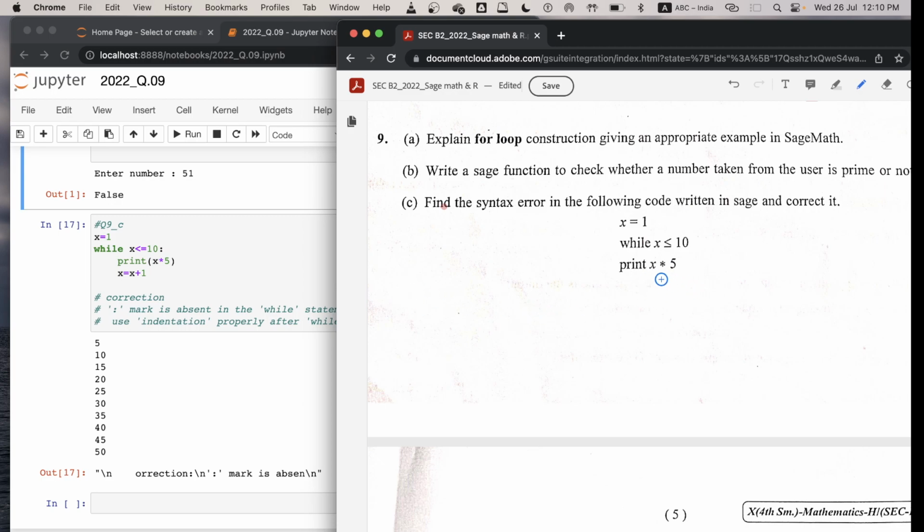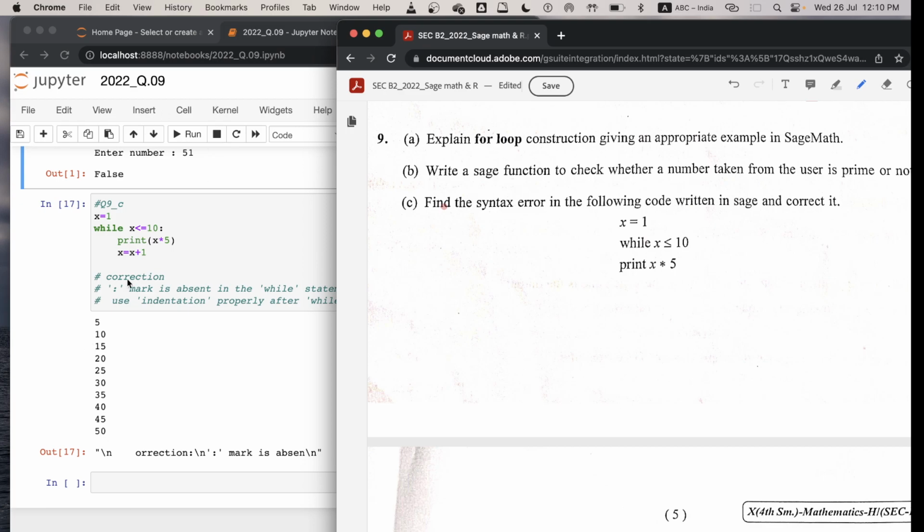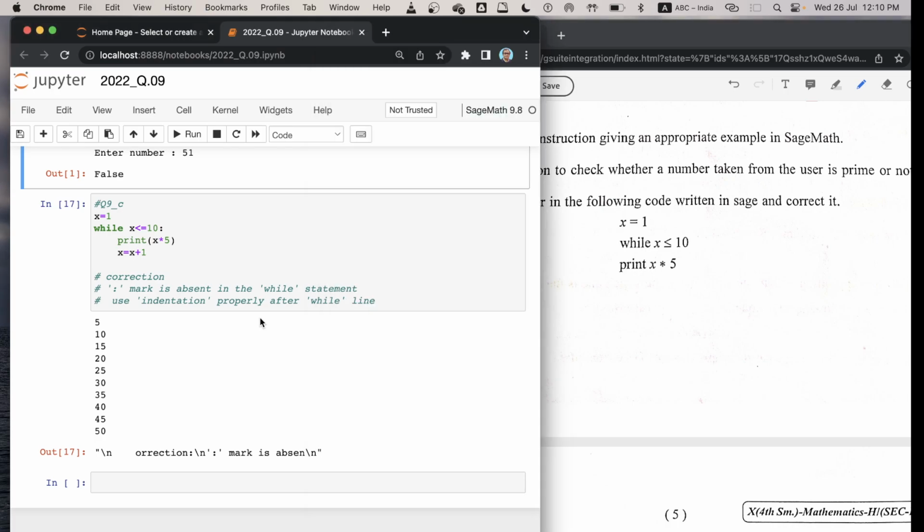Also correct this: print x star 5 should be within parentheses. So the correct output is this. The correction is that the colon is absent in the while statement, and use indentation properly after the while line.